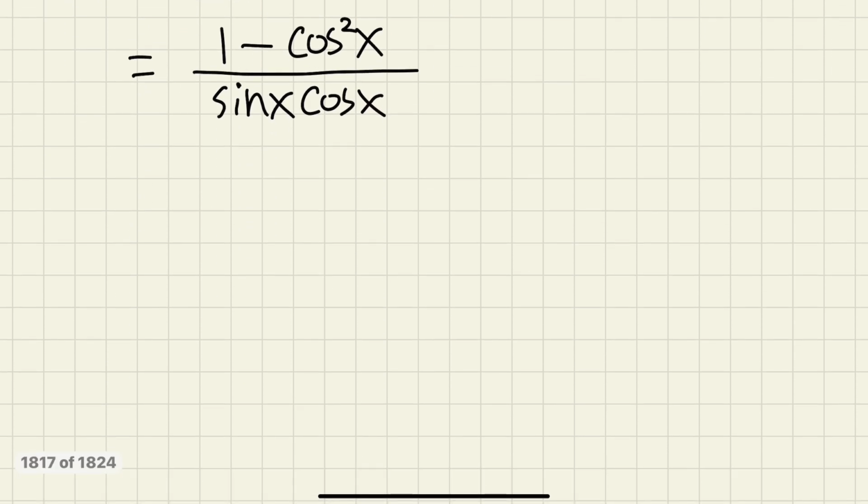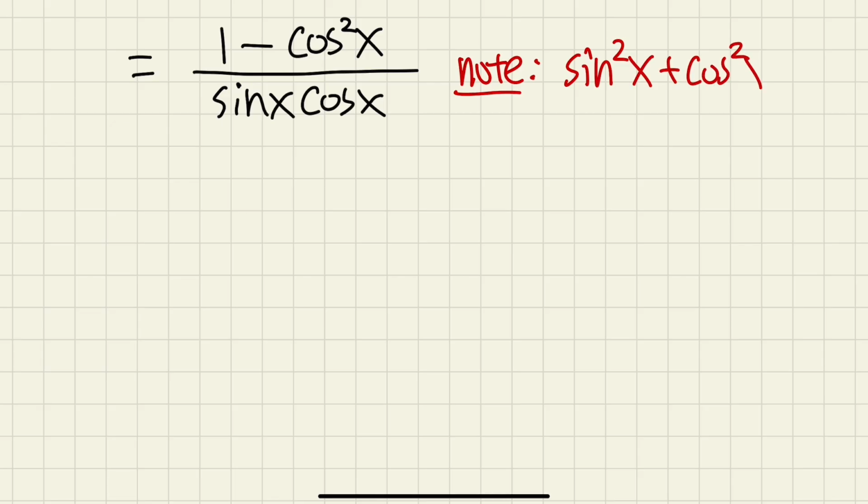So far so good, but what can we do to continue though? Here, this is the identity that you really have to know. So let me jot down a note for you guys. This is the Pythagorean identity, which says sine square x plus cosine square x is equal to 1. And you should also know its variations, because right here we have this, what? 1 minus cosine squared, right?